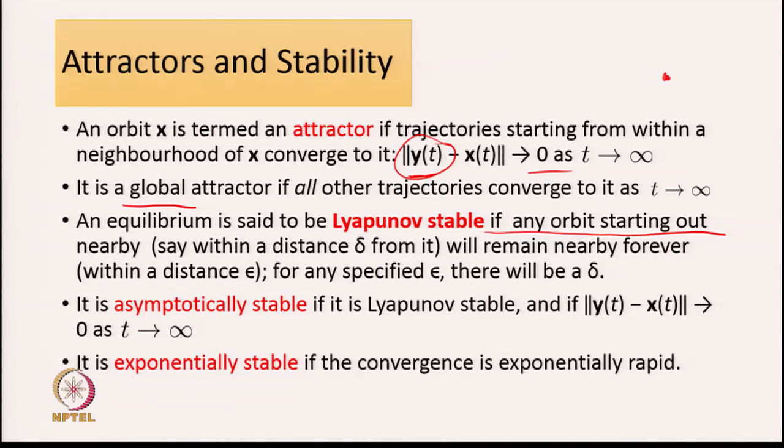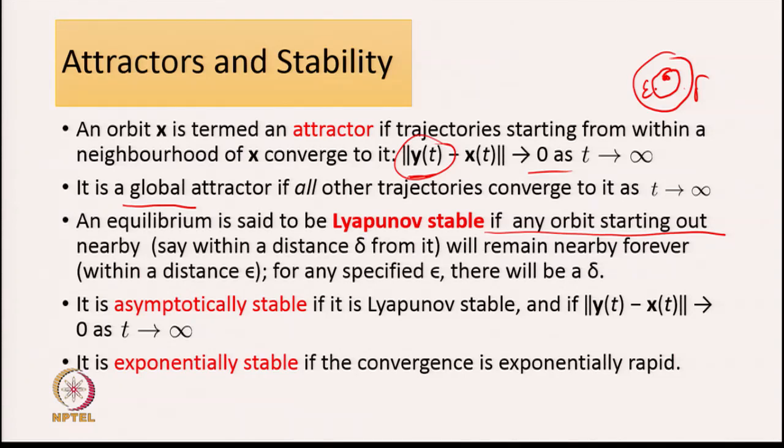So, we have a fixed point, and here is some region of radius delta. All orbits that start within delta will stay within a distance of epsilon, and will always stay inside epsilon.